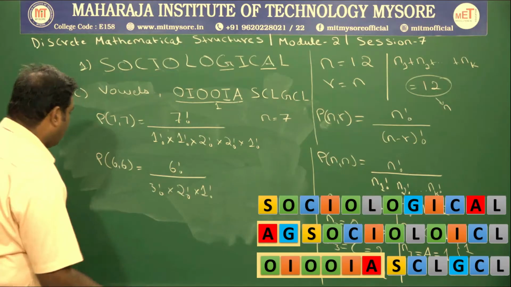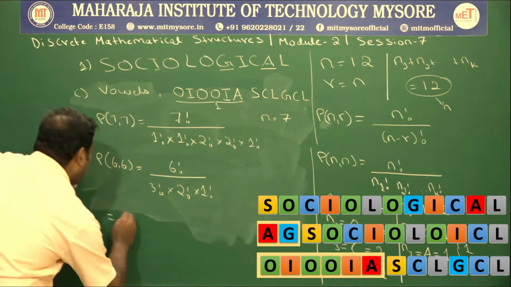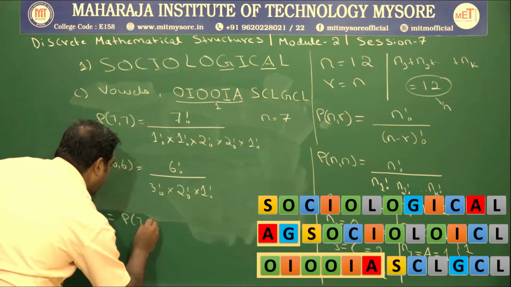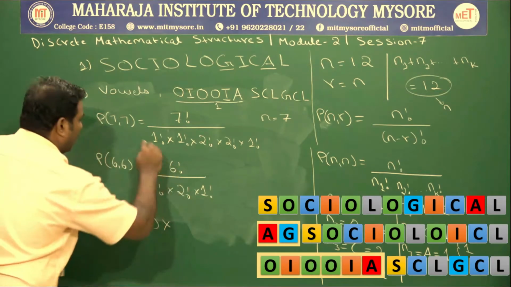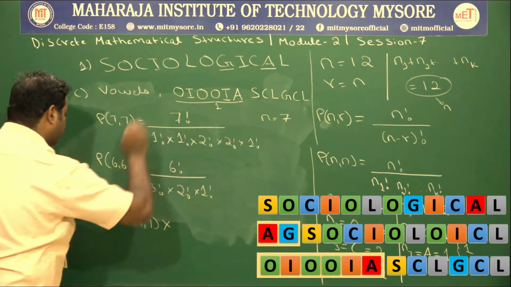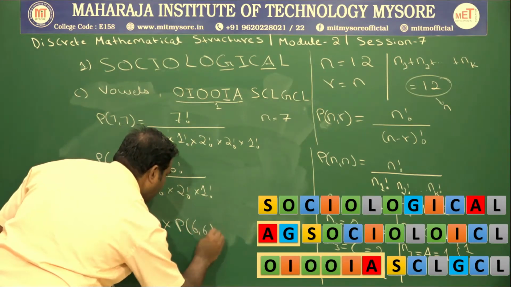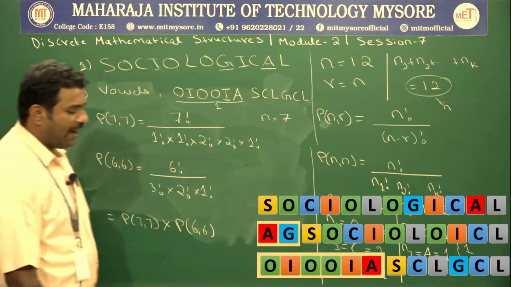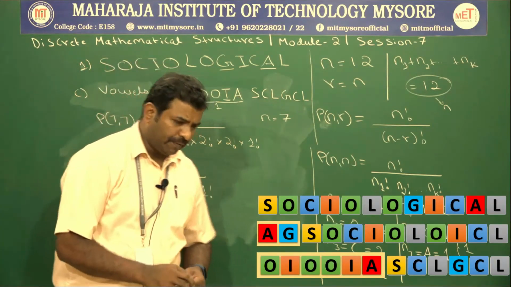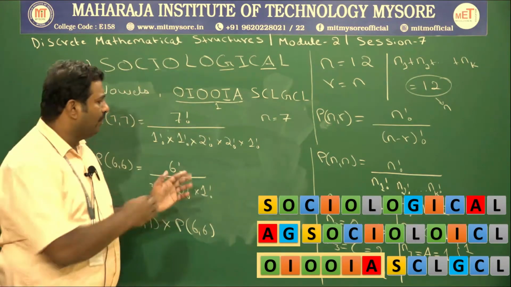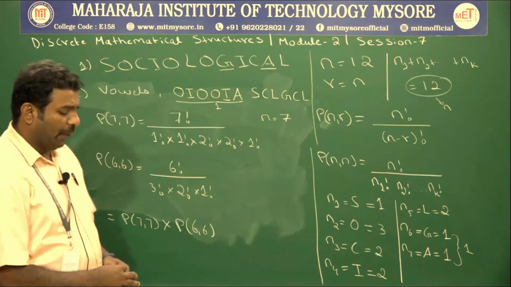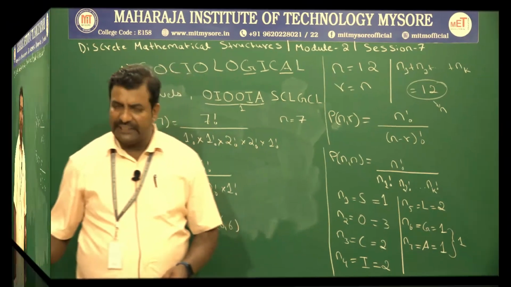This is fine. And the final solution will stay as P of 7 comma 7, whatever the value has been found by computing, and I am going to have P of 6 comma 6. So this is how exactly I should think about the permutation. Fine. I hope you're clear with the concept I have presented over here. So we'll just see the next example.